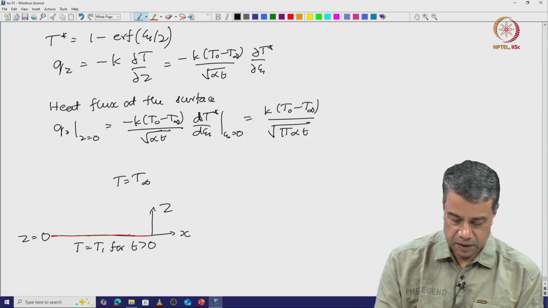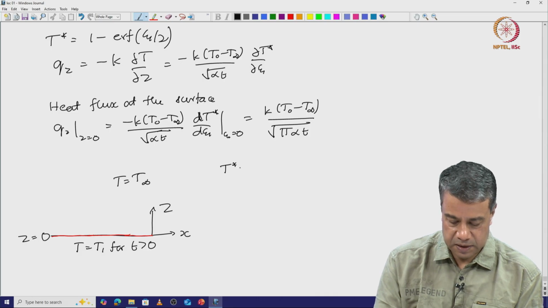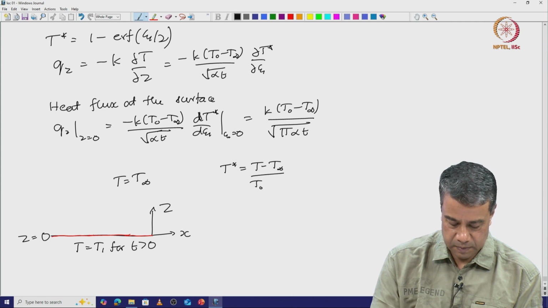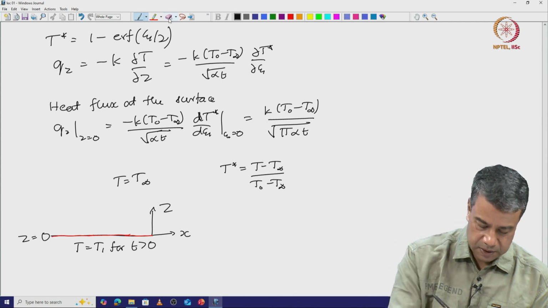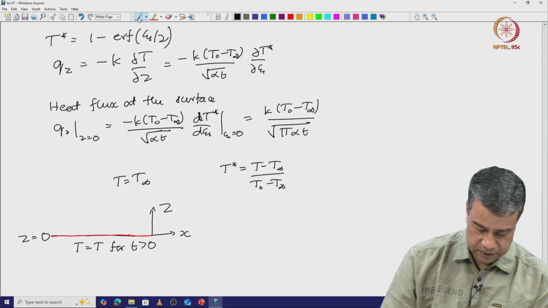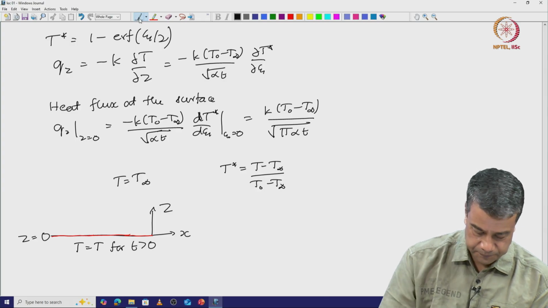So, the first thing we did was scale temperature: T star is equal to T minus T infinity by T naught minus T infinity. I am sorry, I had used T naught in the last lecture for this surface.